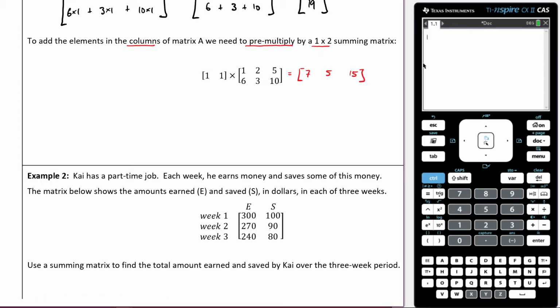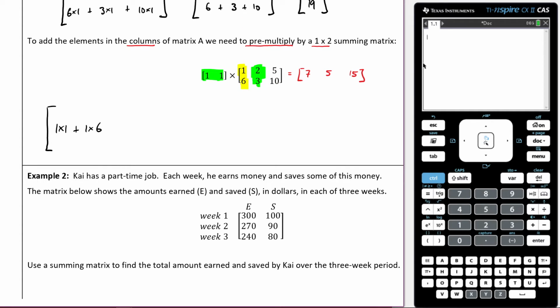So remember, the way in which we multiply matrices is you multiply the row by the column. So that means what's going to happen here, to figure out our first element, it's going to be 1 by 1, plus 1 by 6. And then our next one is going to be this row by this column.